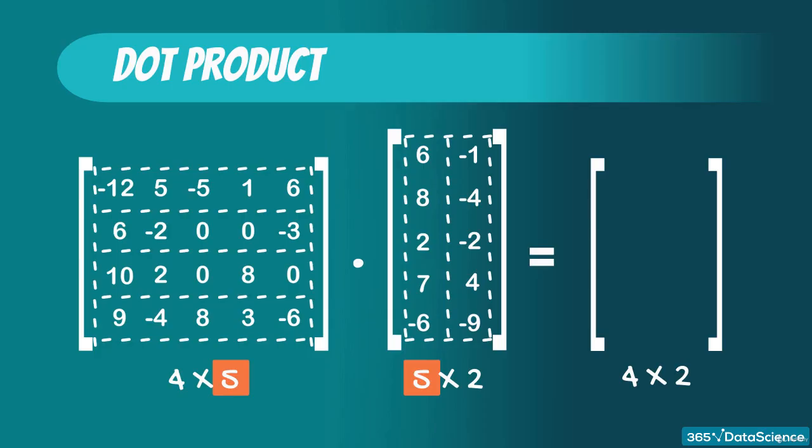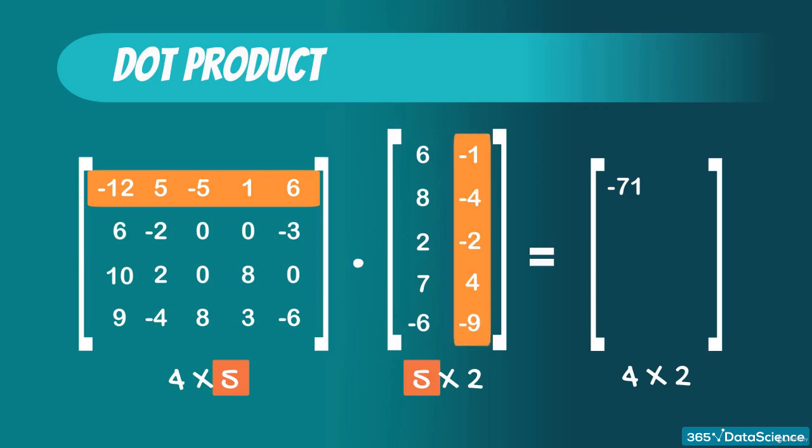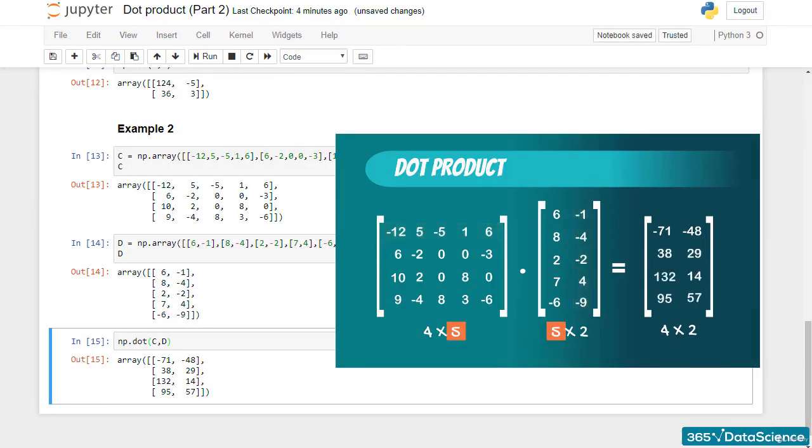In order to start multiplying, we must find the dot product of the first row vector and the first column vector. The result we get is minus 71. Next, we multiply the first row vector with the second column vector. We get minus 48. We continue in the known way until we fill the product matrix. All right, linear algebra doesn't seem that hard after all.